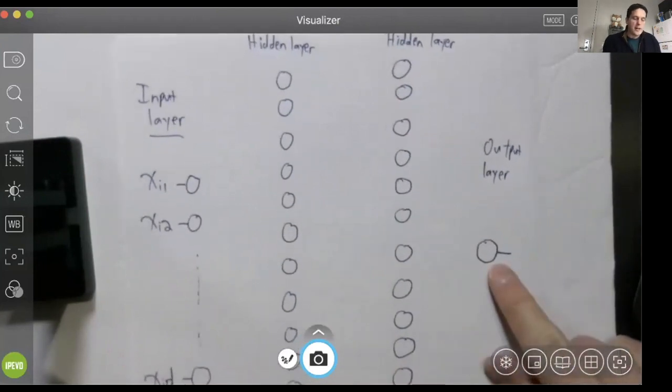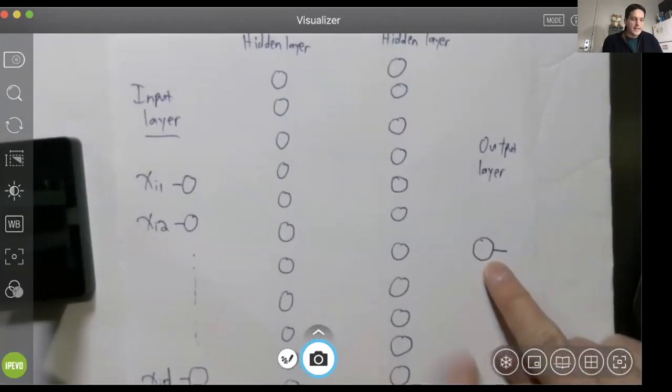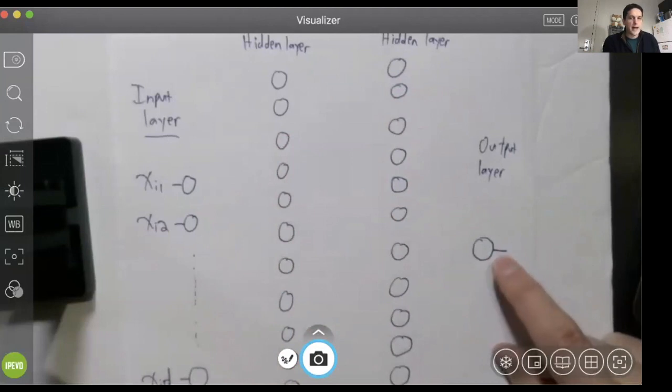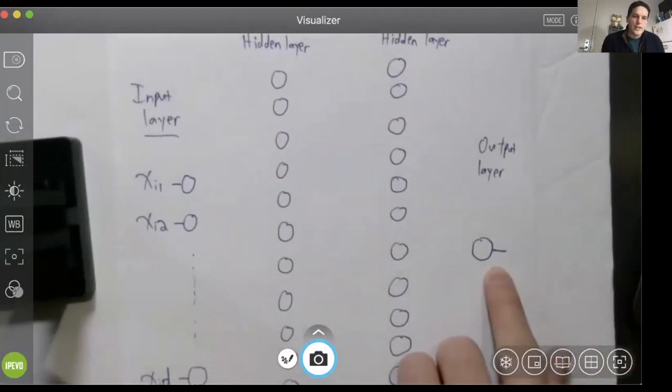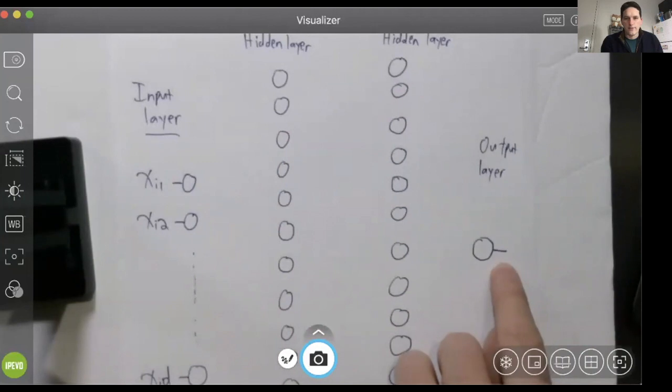This node takes all the inputs from the previous layer, stores them as a vector, computes a dot product with the weight vector which belongs to this output node, adds the bias term that belongs to this output node, and then the result of that computation is plugged in, not into the ReLU function this time, but into the sigmoid function.